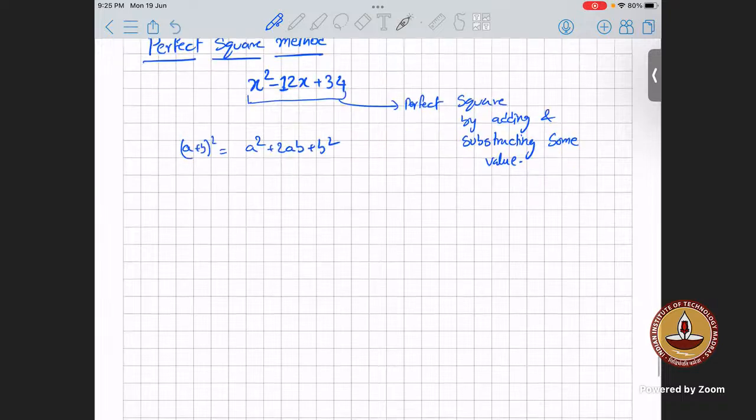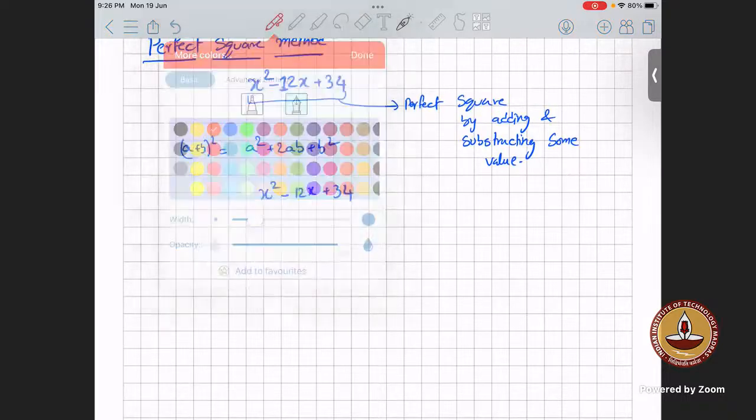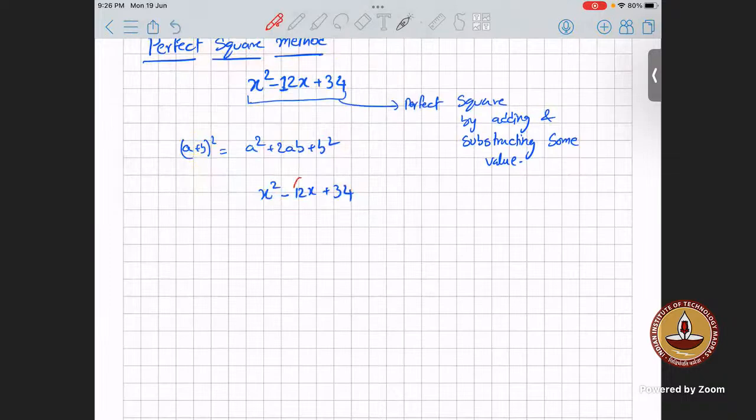Suppose we take x square minus 12x plus 34. Look, this 12x, break it into 2ab. 2 into a, where a is x with coefficient 1.